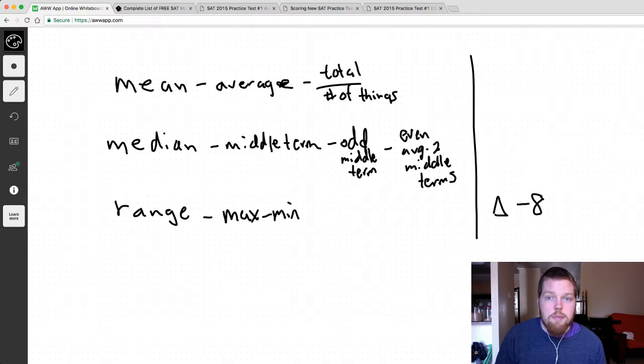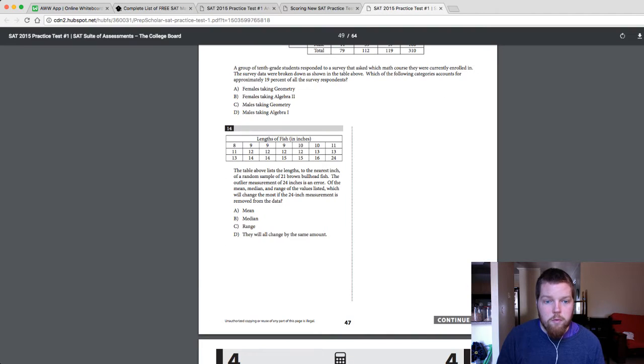Okay, so let's do the median. We've got how many terms here? 1, 2, 3, 4, 5, 6, 7. There's 21 terms. So the 11th term is going to be our median. And if we take 24 out, we're going to have 20 terms.